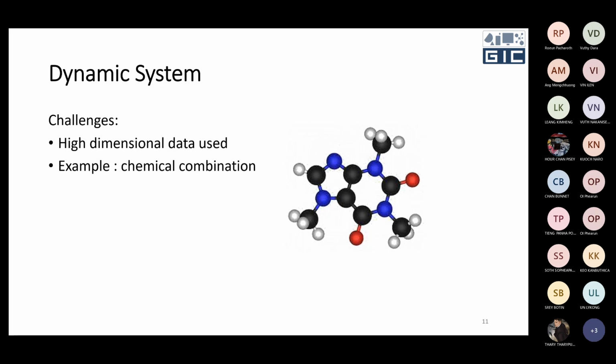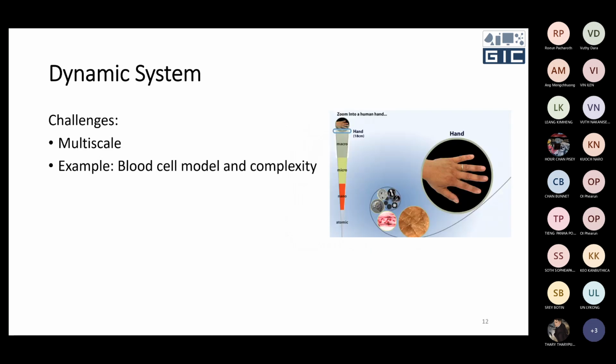Yes, you can. The other challenge is the multi-scale of the system. In this example, you have the hand of a human. When you zoom in on one specific scale, in this case just to distinguish only four states: macro, micro, nano, and atomic.